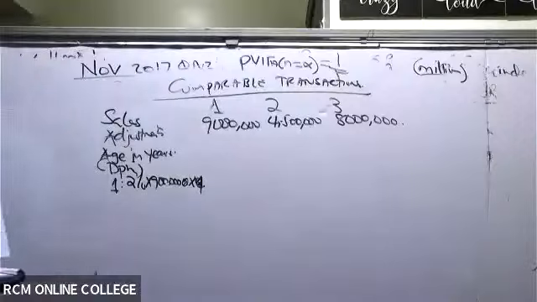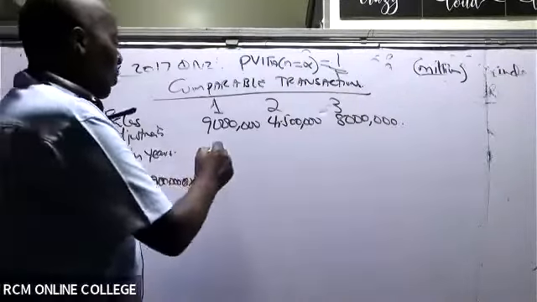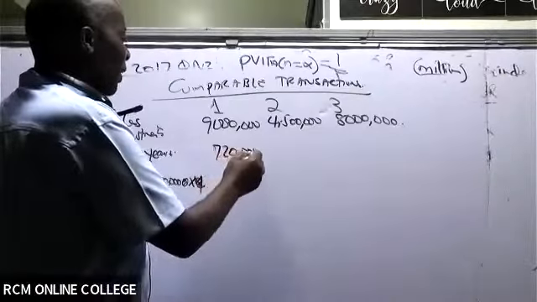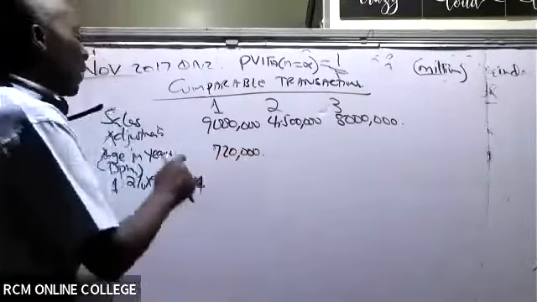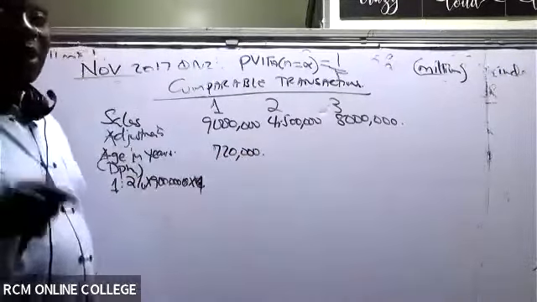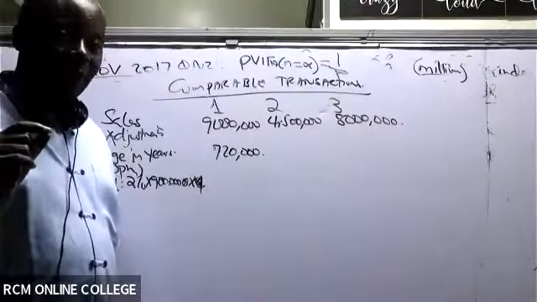I'm waiting for you to give me a figure, and then I'll be able to explain better. According to Samuel, it is 720,000. So this 720,000, should it be positive or negative?